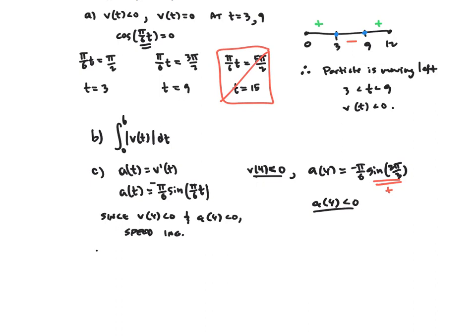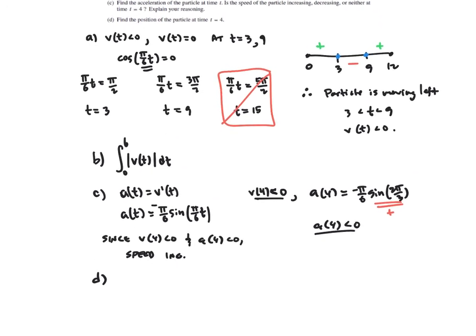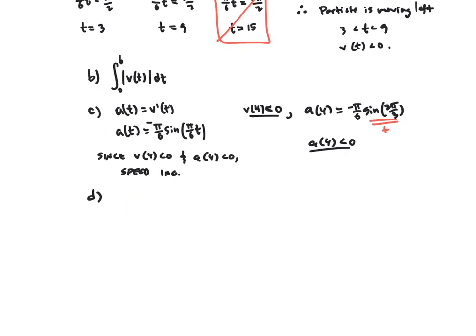Okay, part D says find the position of the particle at time t equals 4. Position of the particle at t equals 4. So I want to take the integral from 0 to 4 of v of t, that's cosine pi over 6t dt. That'll give me the position at time t equals 4 minus the position at time t equals 0. I wonder if I know the initial position.